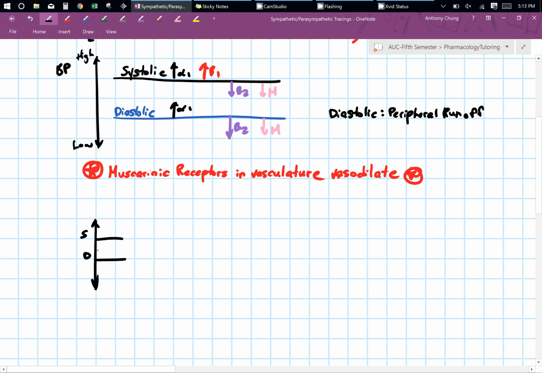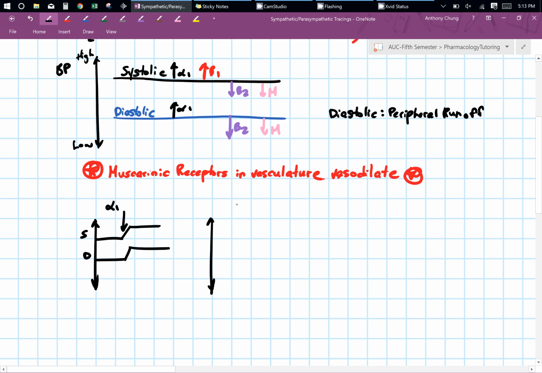And then I'm going to say that you put an alpha-1 agonist into this person, okay? So you're going to put the alpha-1 agonist here. What happens to the blood pressure? Increase. Does systolic go up? Yes. Does diastolic go up? Yes. It will look like this. All right? That's the first one.